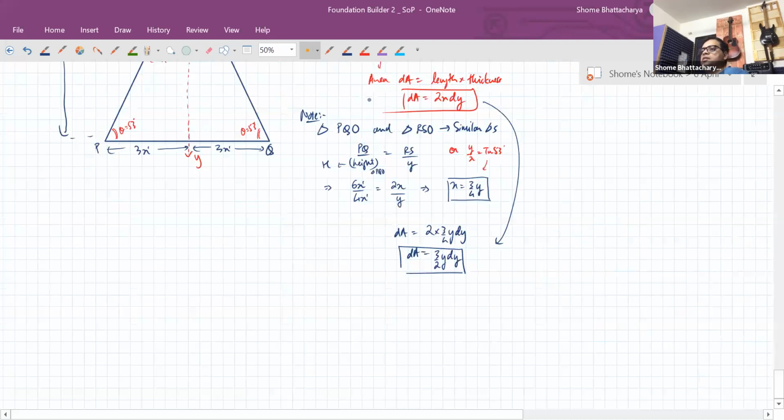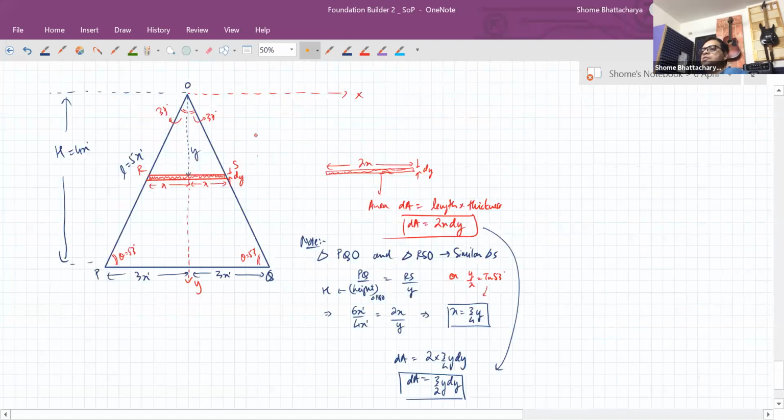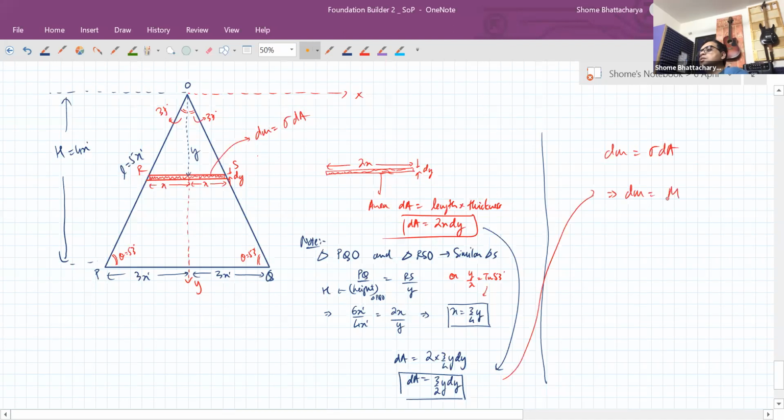So now the mass of that strip was sigma into dA. So that mass will become, now sigma, remember, was how much? It was 3m by b square, where b was this base, into 3 by 2 y dy.